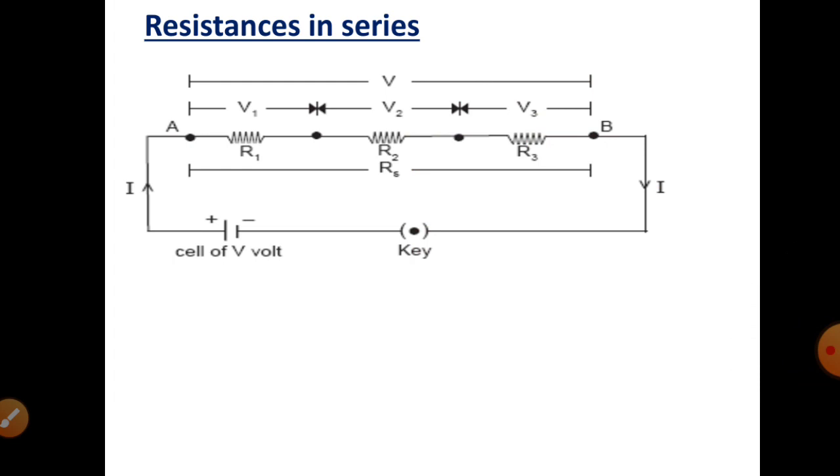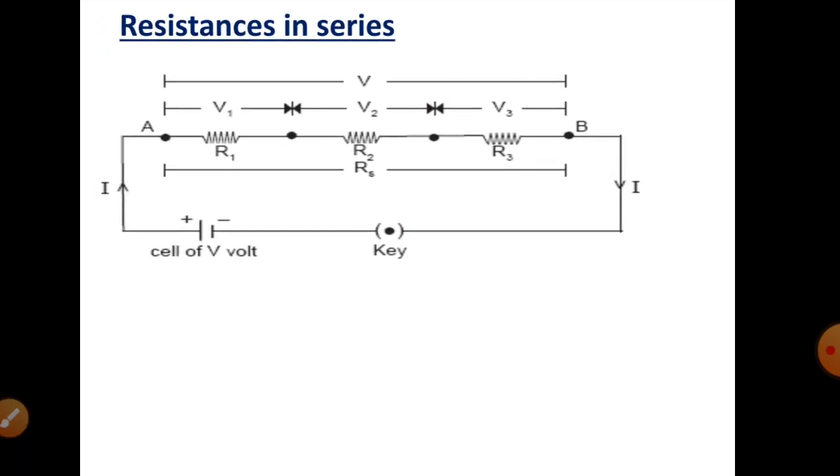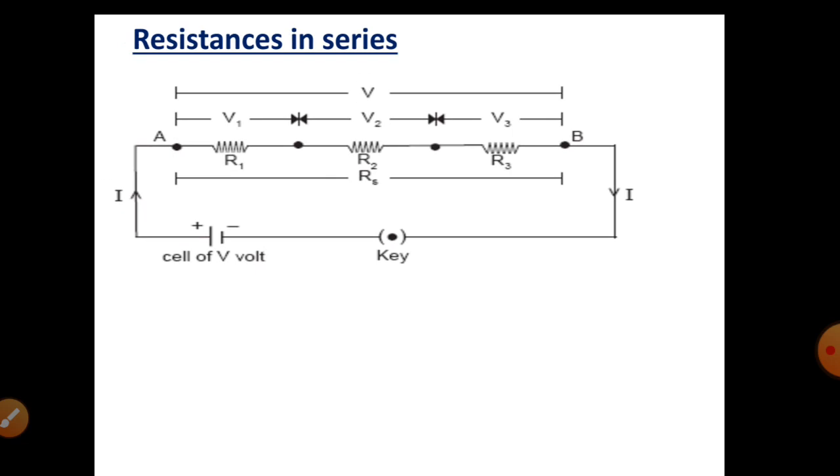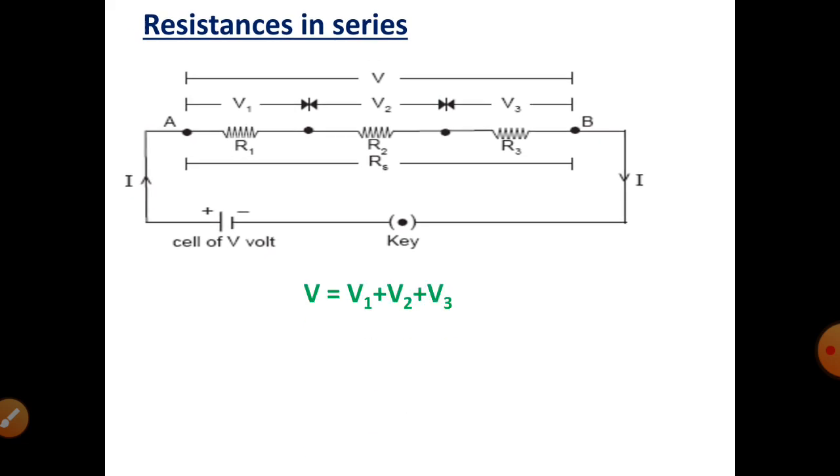As shown in the figure, if V1, V2 and V3 are the potential drops across R1, R2 and R3 respectively, then we can write V, the total potential, is equal to V1 plus V2 plus V3.